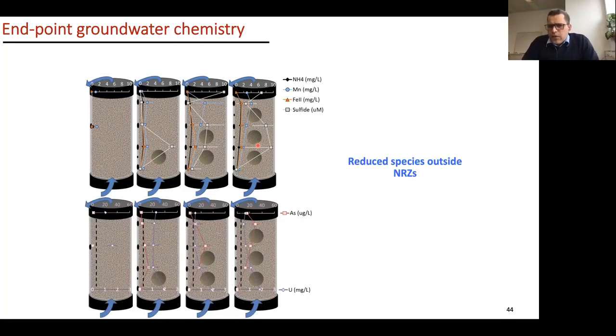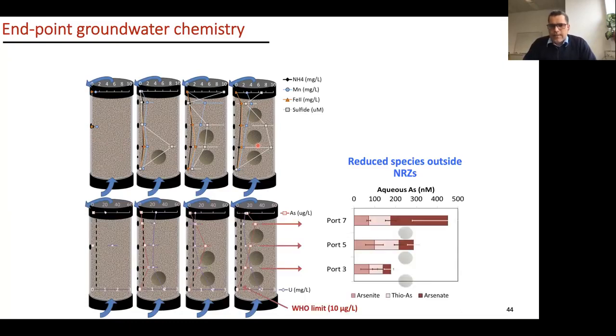So we did follow a lot of geochemical parameters, but what I want you to look at is mainly arsenic concentration. As I said, the concentrations were very low, so we were not worried. And what we found, when the sulfidation started and around this redox heterogeneous condition that we created, is that most of the time, the dash black line is the WHO limit for arsenic in drinking water, which is 10 microgram per liter.